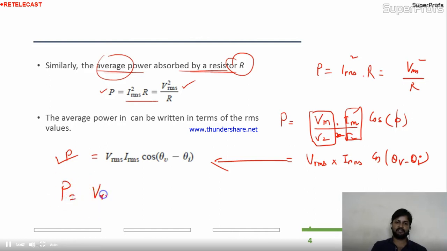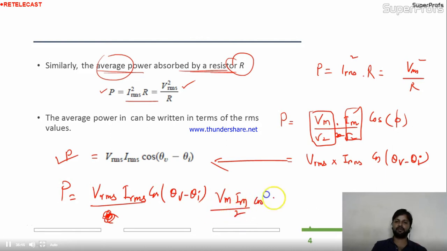P is simply Vrms, Irms, cos of the angle between voltage and current. Here don't divide by 2, okay? Division by 2 is for the max values only: Vmax, Imax divided by 2, cos of theta v minus theta i.